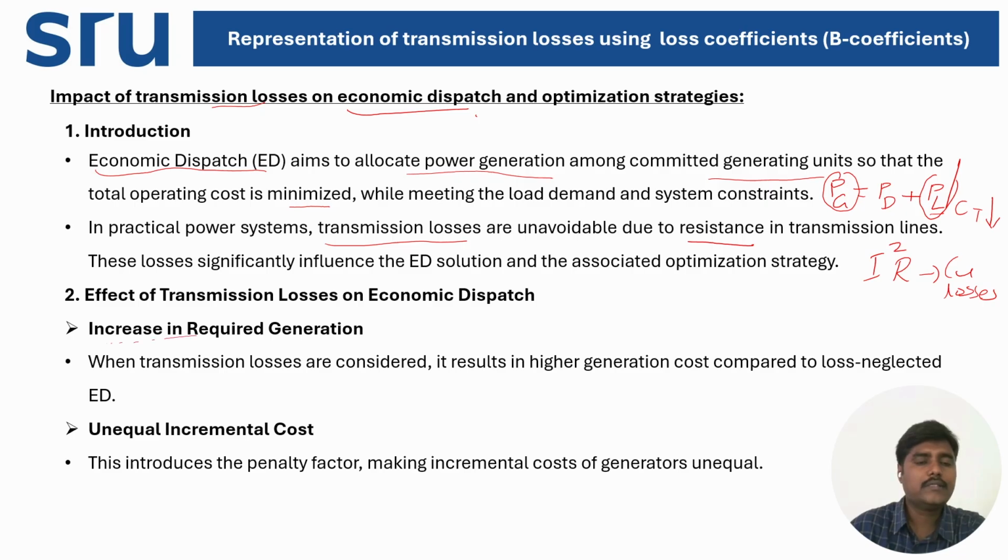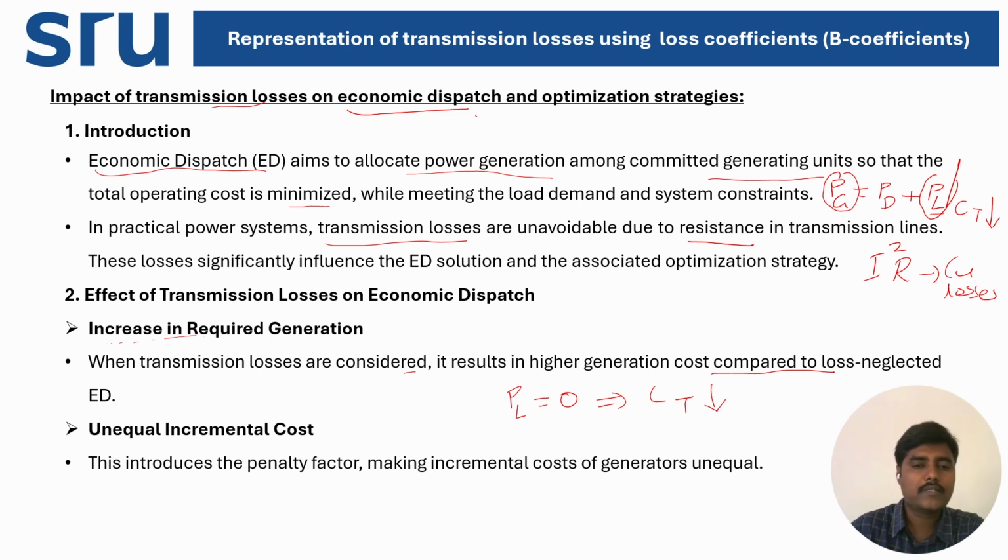If transmission losses are considered, the required generation increases, which results in higher generation cost compared to loss-neglected ED. Ideally, when you neglect PL, so when PL is equal to 0, the total cost of generation is quite low, but that is not real in a practical power system.